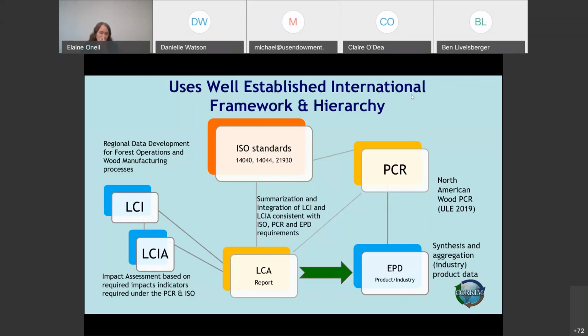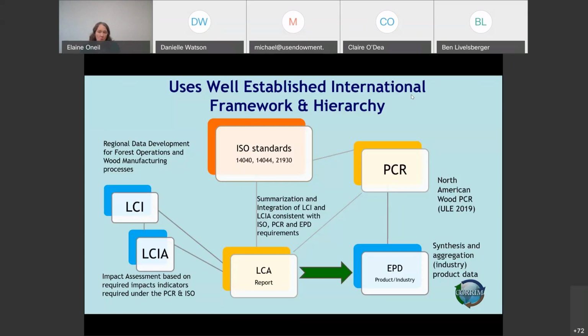Now, all of these cross linkages here are to get you to understand that these standards drive what goes into an LCA, but they also drive what goes into what we call a product category rule, which is developed collaboratively with industry and interested participants to identify what needs to go into an environmental product declaration, and because the environmental product declaration comes from the LCA, what needs to go into the LCA.